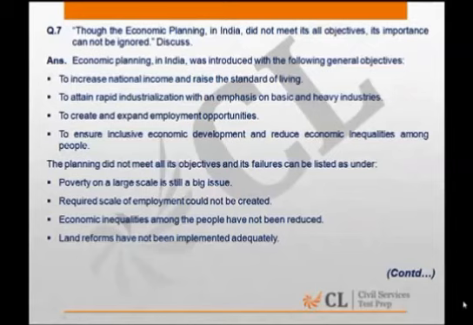Thus, their economic and foreign policy is weakening. So it's inevitable for any country to develop economic relations with different countries to strengthen its foreign policy. This would be the approach and orientation of this question.